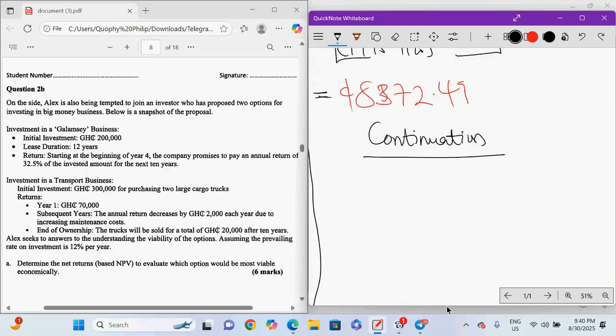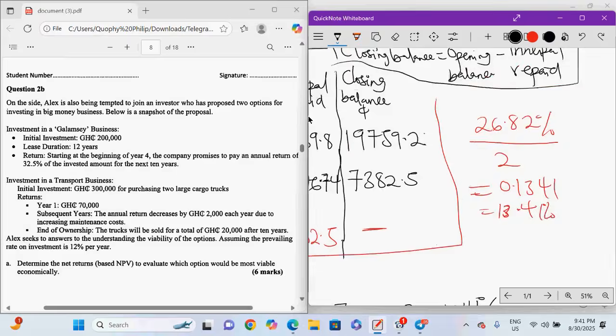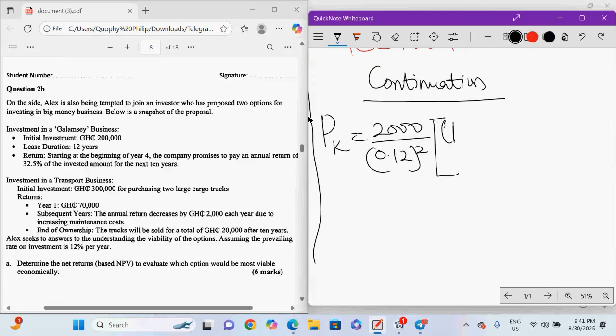All right. So now, let's insert the values. What is our PK? PK is 2000 divided by the interest, which is 0.12 squared. Then 1 plus I exponent n, 1 plus 0.12 exponent n.